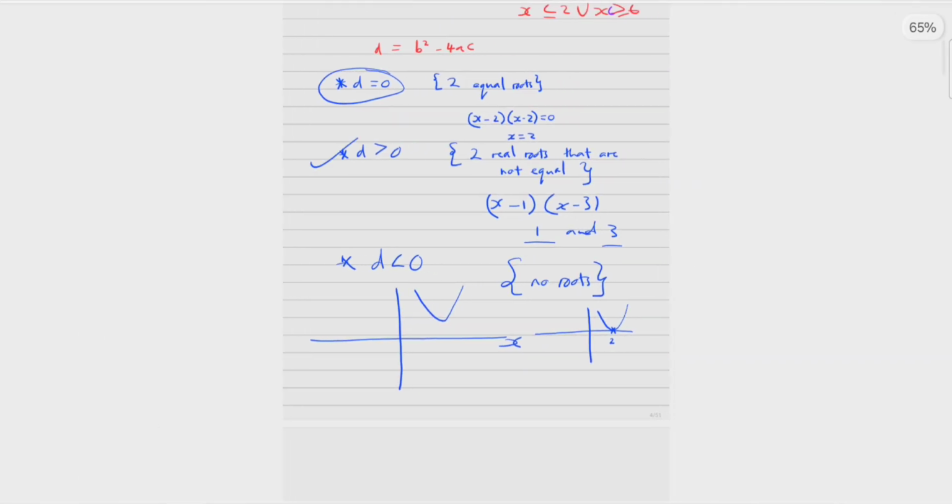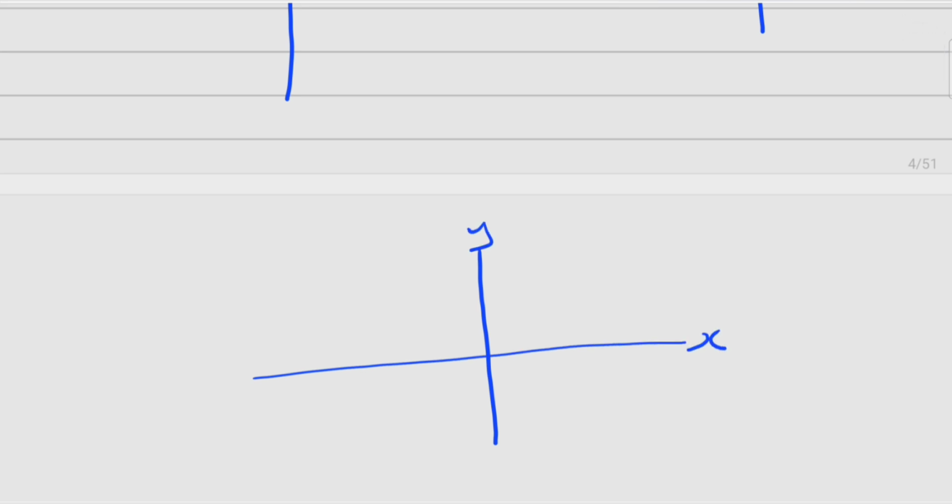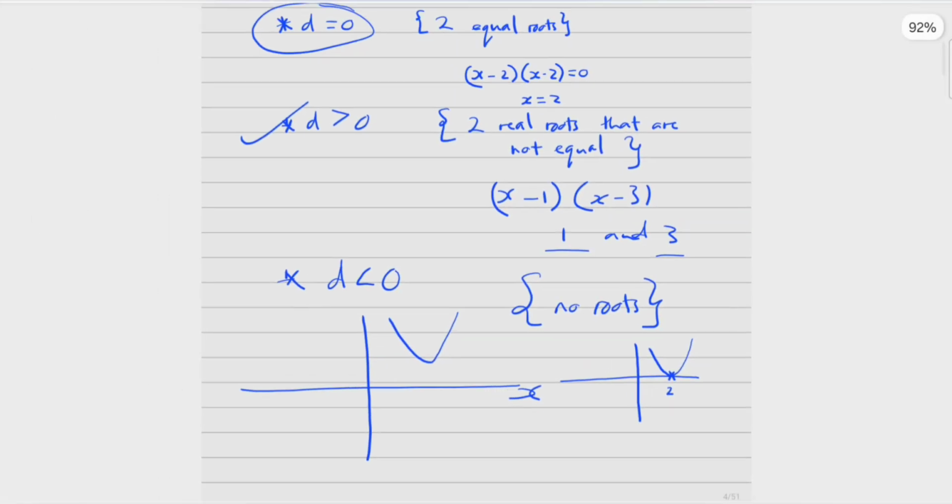And for this case, where we have d, or discriminant, being greater than 0, the sketch would look like this, right? We get two different answers, right? So for the second situation, we know that we have two different numbers as our solutions, right? That's why we wrote here we have two real roots that are not equal.